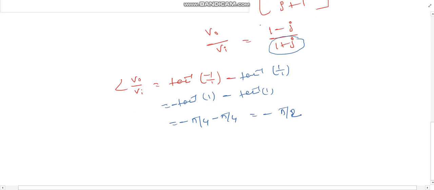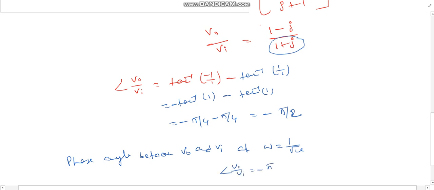The phase angle between V0 and Vi at omega equal to 1 by root LC is minus pi by 2.